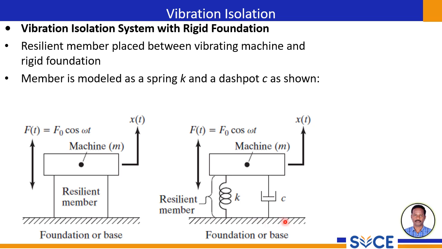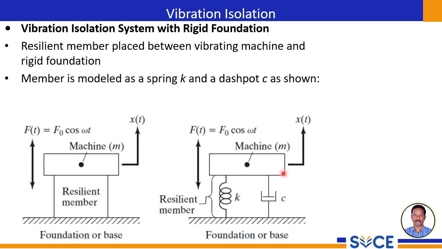We are simplifying the resilient member into a spring-dashpot model. The spring K represents stiffness of the member, while the dashpot C represents its damping properties. We can see a simplified representation with just the resilient member block.